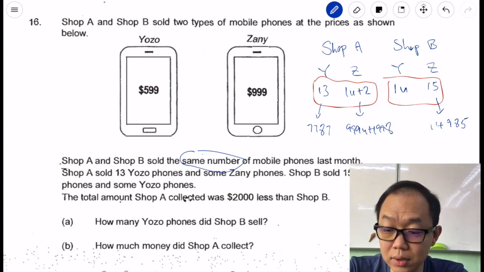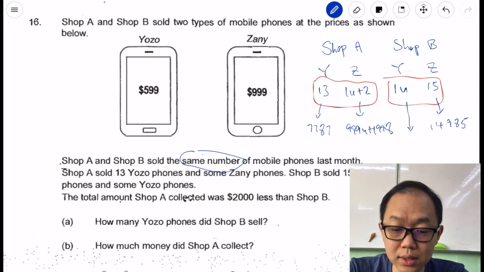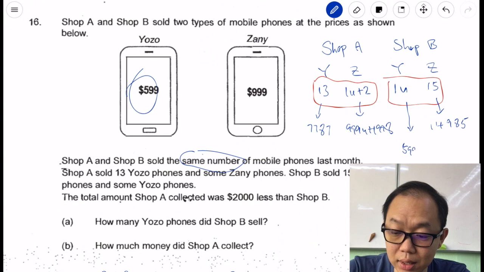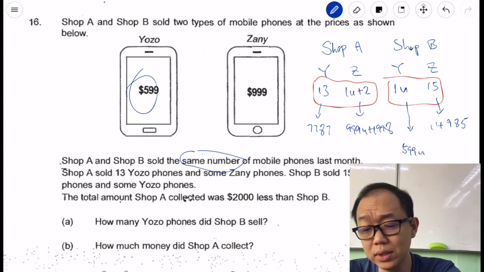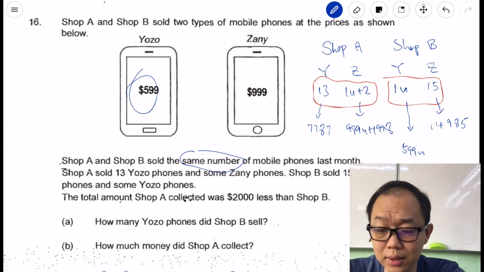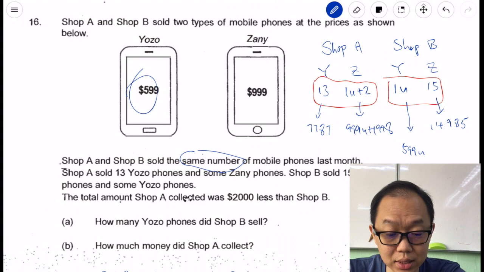For the Y here, we just take 599 times 1U, so it's 599U. So we're going into units. If I add up all of this, shop B should have $2,000 more.